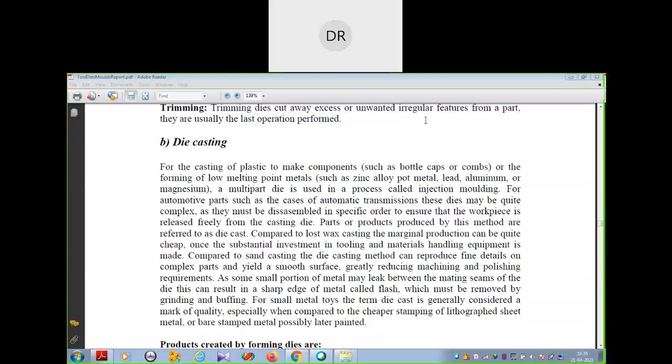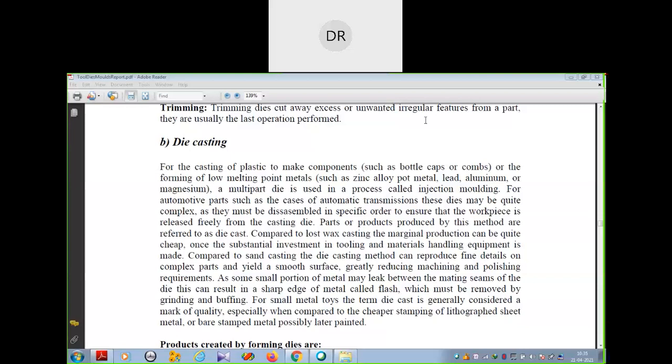As compared to the sand casting process, the die casting method can produce very fine details on complex parts and yield a very smooth surface, and it minimizes the machining cost.